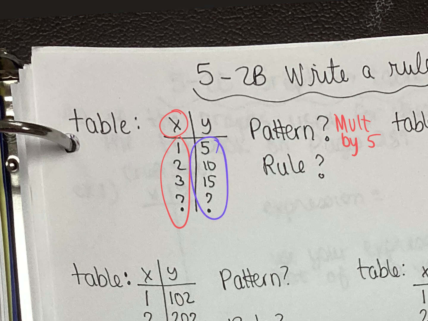I'm going to write that equation as y equals, purple equals, second column equals 5 times the first column, 5 times whatever x is. So we looked side to side and noticed it was multiply by 5. Multiply by 5 means we smush the 5. We don't write another times sign, we don't write a dot, we just write y equals 5x.